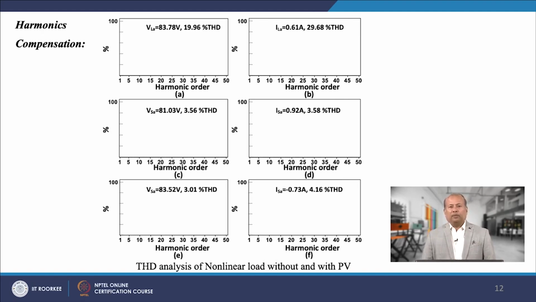You can observe the negative current on the source side, which is minus 0.73 ampere, while feeding excess power to the utility grid. The source voltage and currents are maintaining THD less than 5% as per the IEEE standard 519-1992.